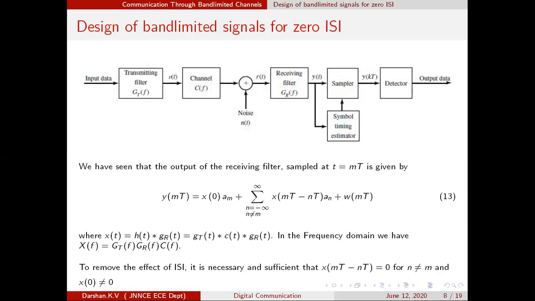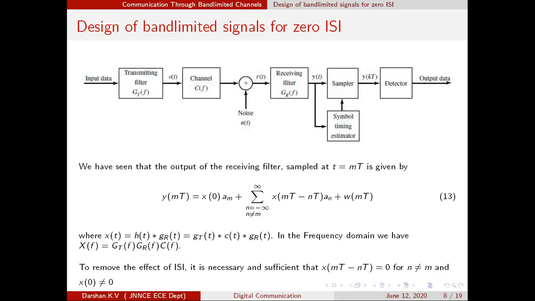Therefore, to remove the ISI, we are supposed to make the second term, the summation term, 0. If you want to make the summation term 0, what is the best thing? x of mT minus nT should be 0. This is stated by the Nyquist criteria.